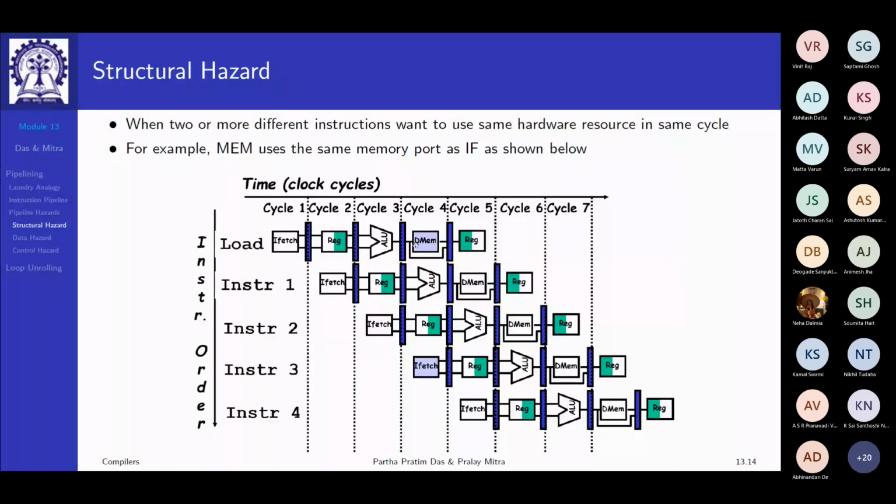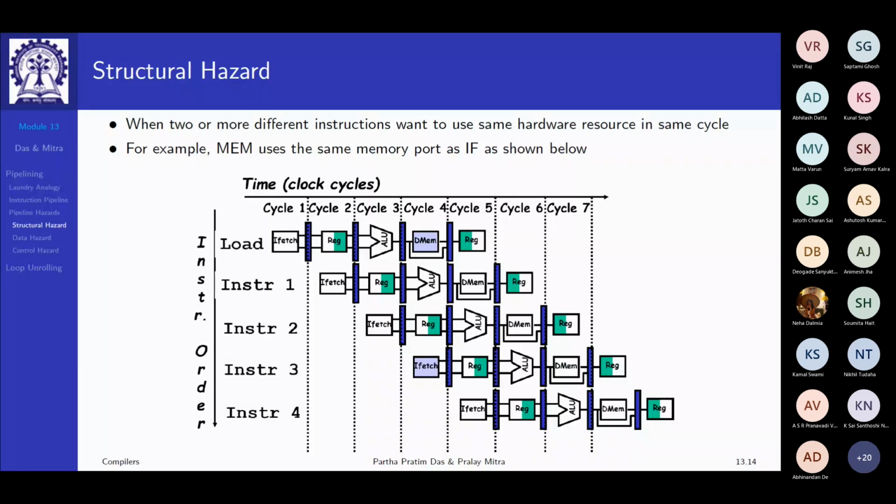In the memory stage, you have that in cycle 4 for the load, and you are trying to do some instruction 3, which is in the instruction fetch stage. Obviously, there will be different memory addresses, because when you're loading data and when you're doing instruction fetch, you're fetching an instruction. But in terms of your hardware, they may be using the same port.